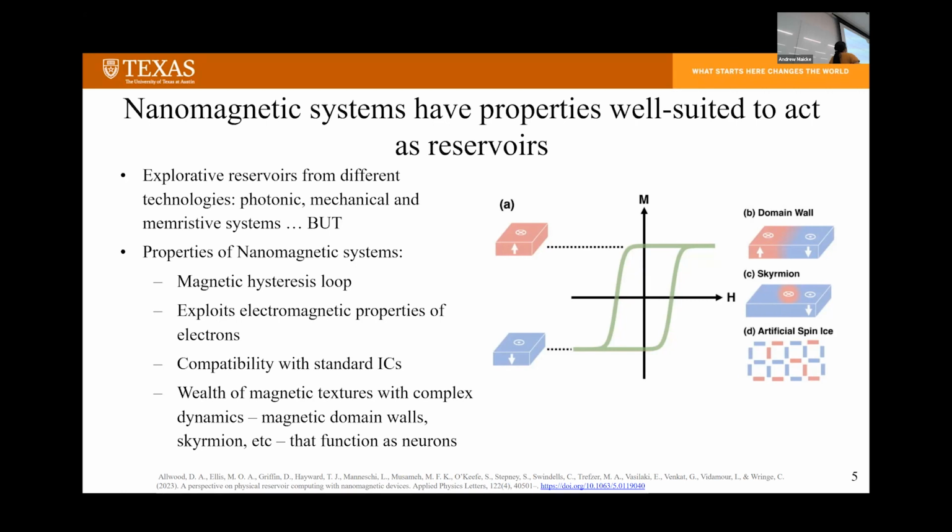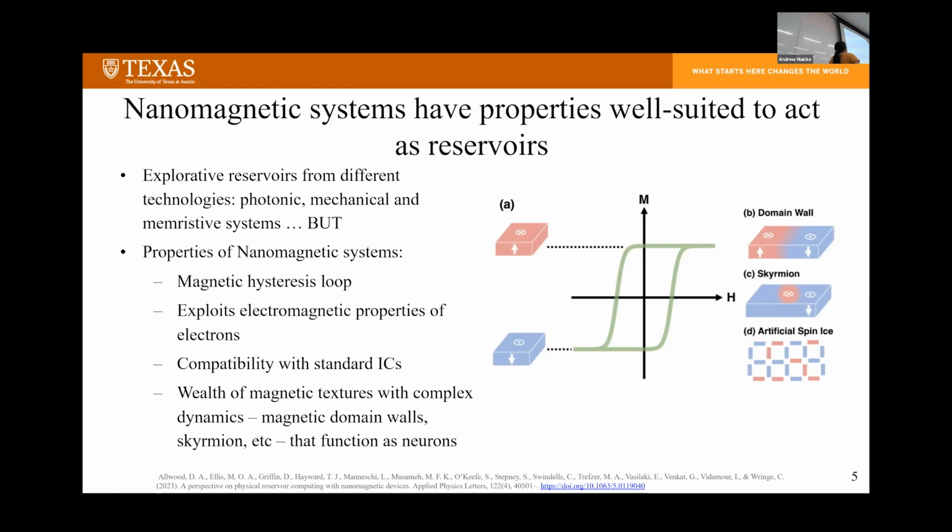One key property of nanomagnetic systems is that they have a magnetic hysteresis loop, which provides the nonlinear response we need for our reservoir, and a stable remnant magnetization that acts as the basis for the system's memory, which are two key features we need for neuromorphic computing using a reservoir.